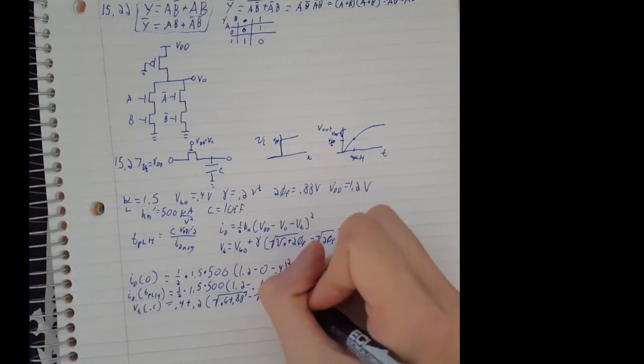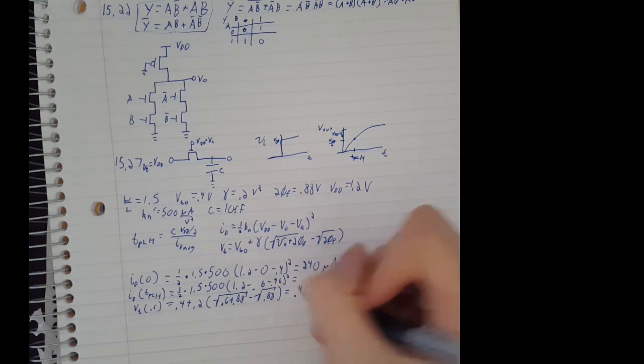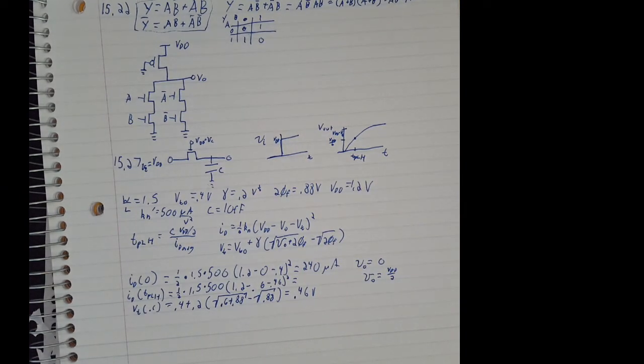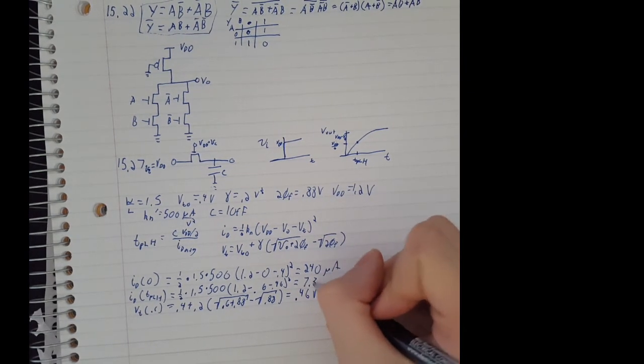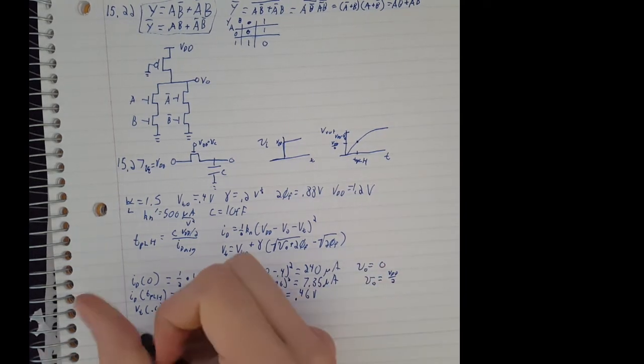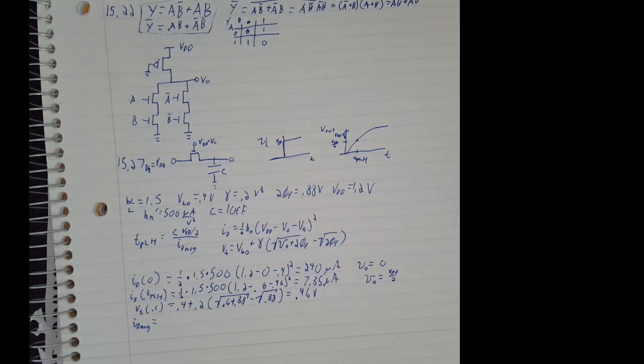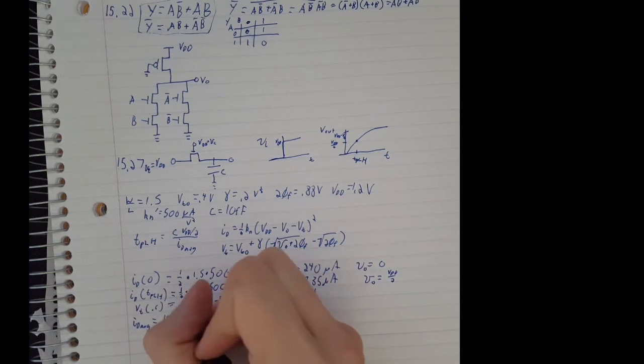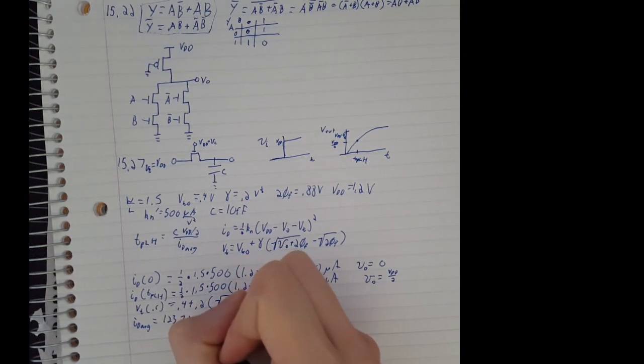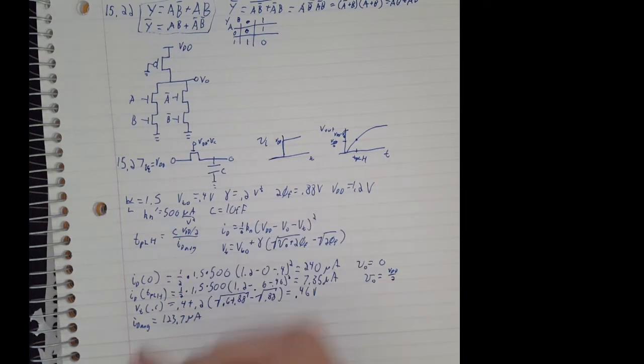So minus 0.46 here, all that squared. That gives us 7.35 microamps. So ID average is just equal to the average of those two. 123.7 microamps.